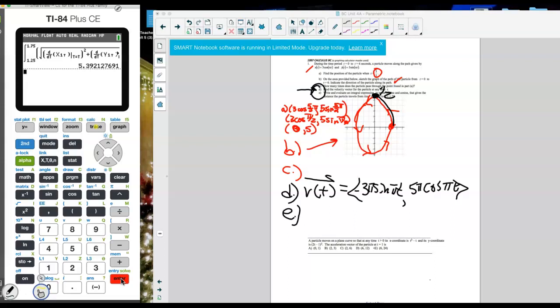I want you to know when and how to use your calculator to your best benefit, and on that one, I would just do the derivatives in my head. Plug the 2 in my head.